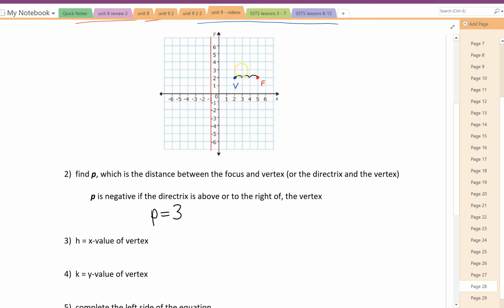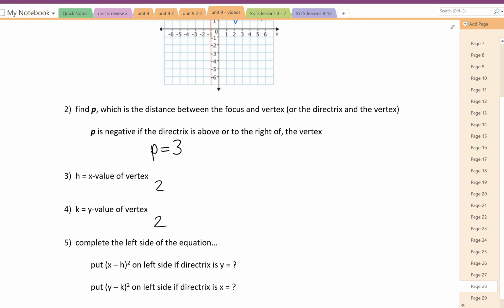All right, so where is this vertex? Well, it's at (2, 2). So that just means that h is going to be 2 and k is also going to be 2. So to complete the left side of the equation, first I have to decide which of these two things is going to go on the left side of the equation. And so I gave you a little guide here. If the directrix is y equals something, you're going to use the x minus h squared.